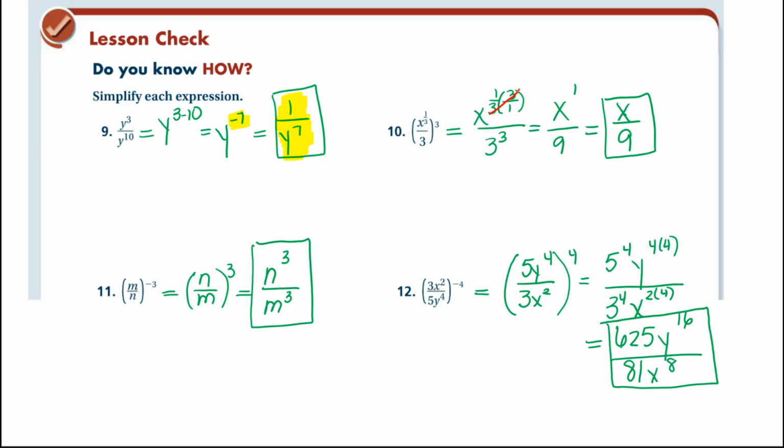The 3's are going to cancel out. And then on the bottom, 3 to the 3rd power, which is not 9. 3 to the 3rd power would be 27. Excuse me, that is a mistake. So that should be x over 27.